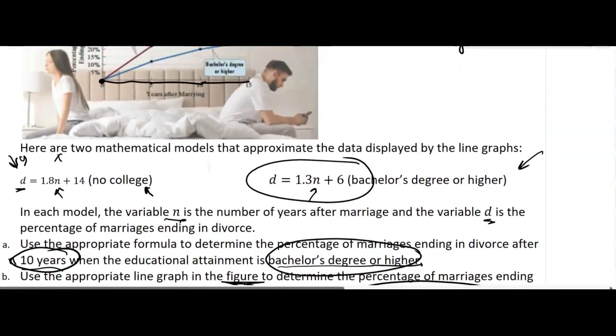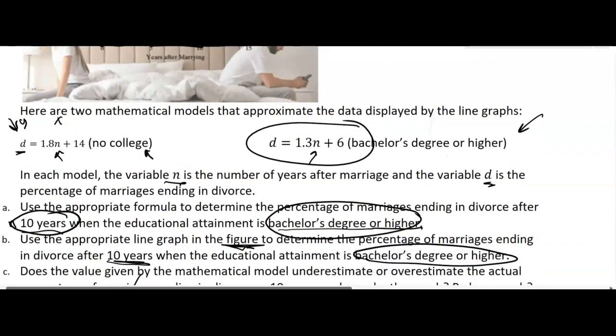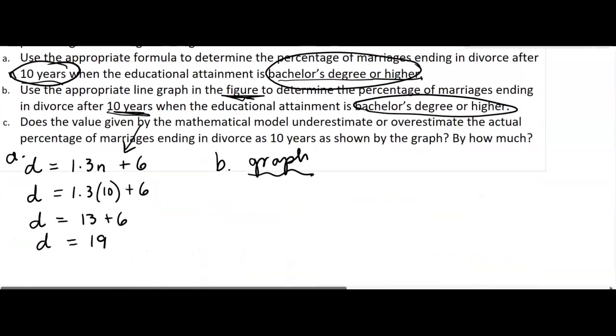So we go to the graph, we locate 10 years of marriage right there. We're going to read up to the blue line right there, and then we're going to go across, which it looks like it's at 20%. You might have to access that picture in your book, but according to the graph, it looks like d equals 20.